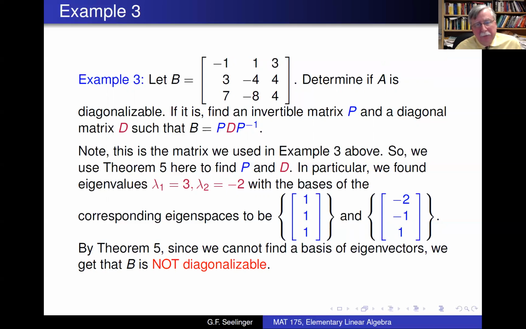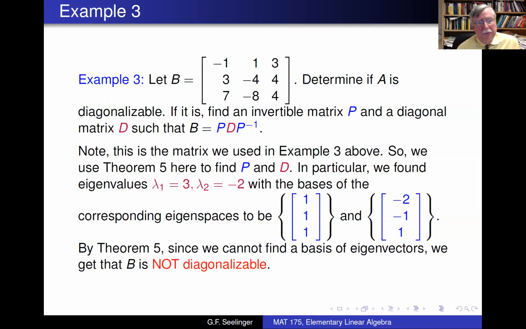We do have this problem when I've got an eigenvalue with multiplicity greater than 1. Note that because of theorem 2, if every eigenvalue has multiplicity 1, then I can find this basis and it's diagonalizable.